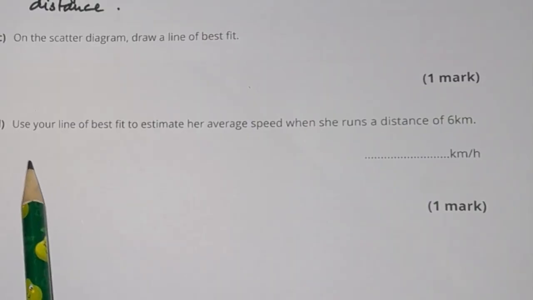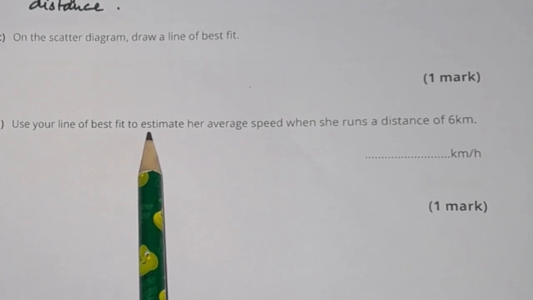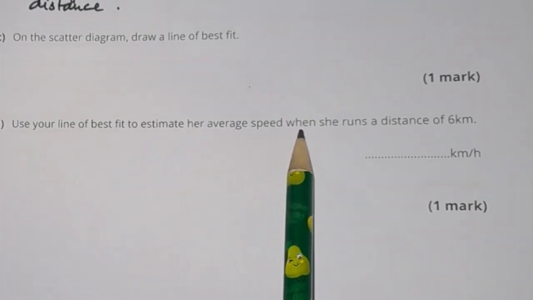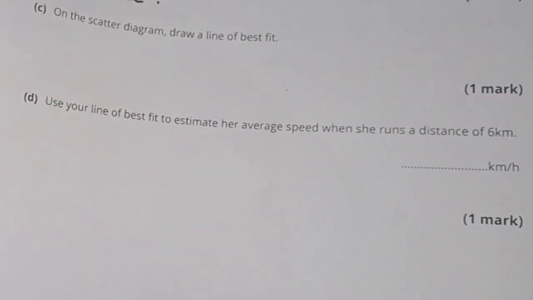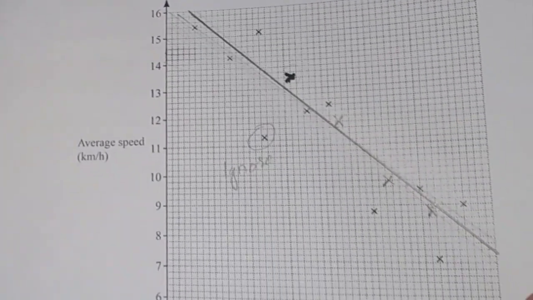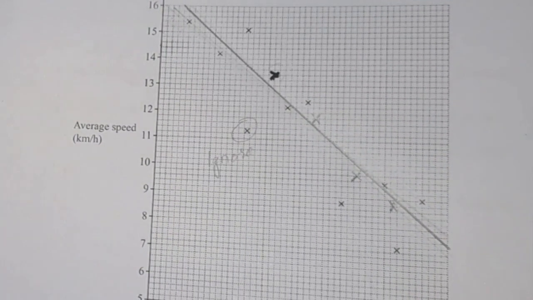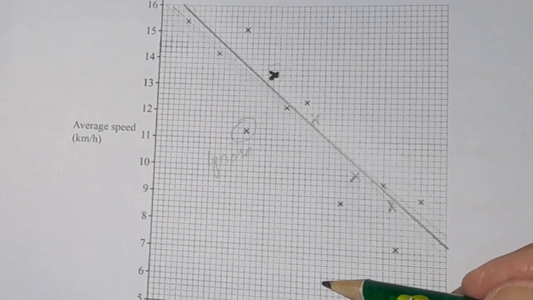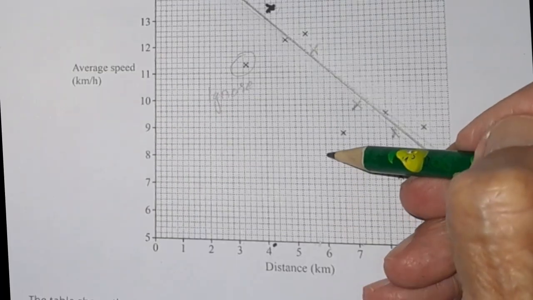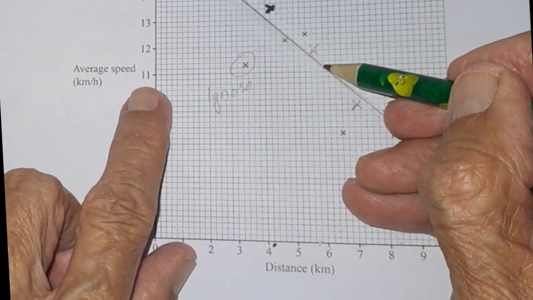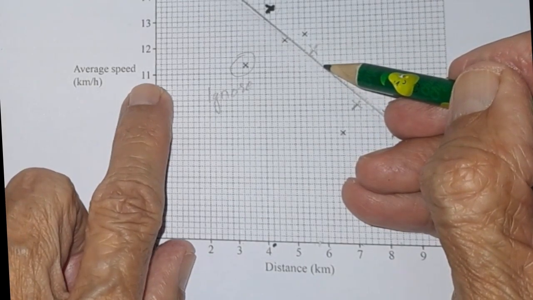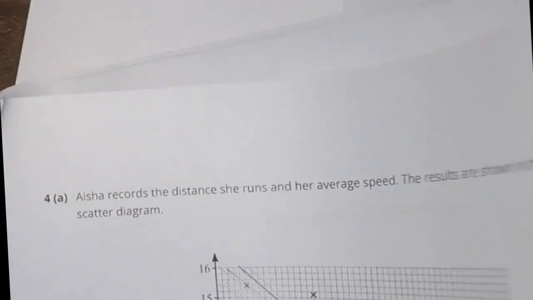And the next part is: use your line of best fit to estimate her average speed when she runs a distance of 6 kilometers. So we go back to the graph and go to 6 kilometers, and we have to read it from 6 kilometers, and it is 11.2 kilometers per hour.